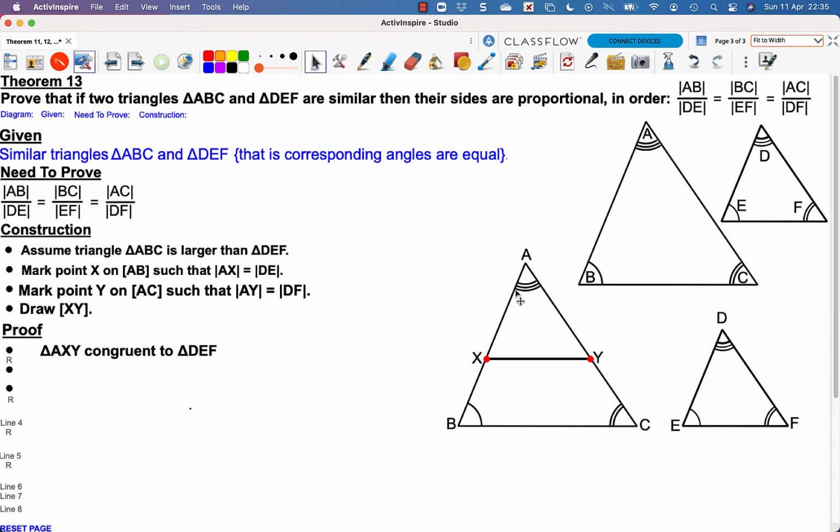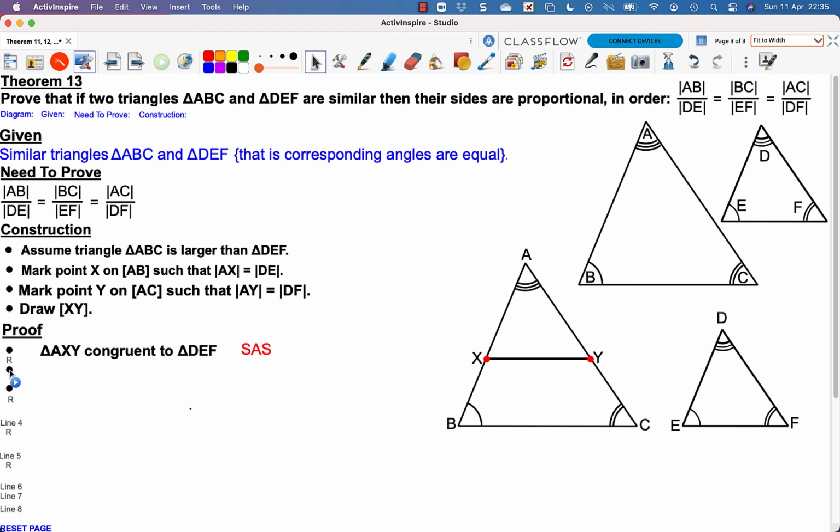This angle here is exactly the same as D because it was given in the question. Corresponding angles are equal. AY is equal to DF. This was done by construction. So we have congruency by side, angle, side. So that was easy enough.